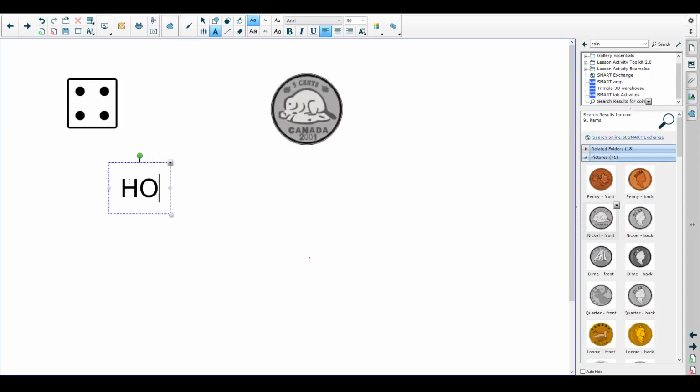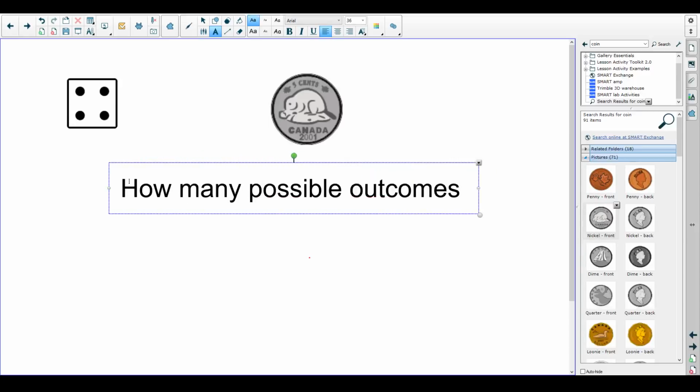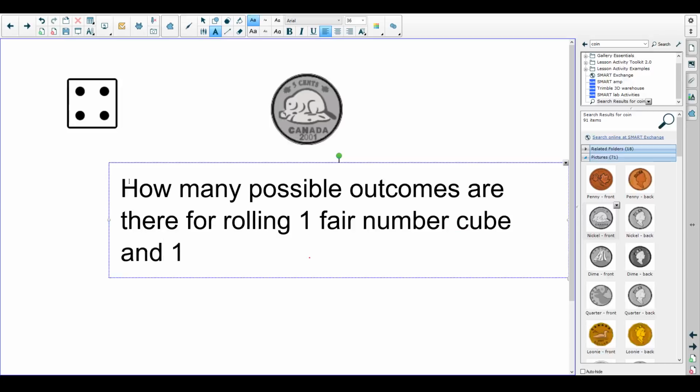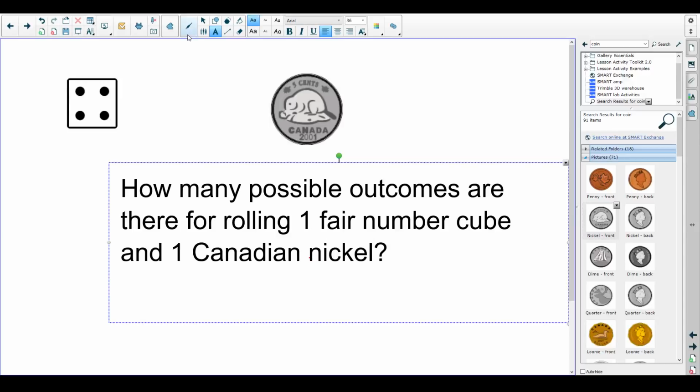That takes a bunch of writing. How many outcomes for one fair number cube and one Canadian nickel?